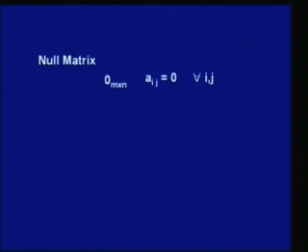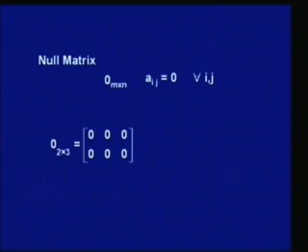The null matrix is another useful matrix, and we denote it by the symbol 0, with m by n representing its order. So, 0 m by n is a null matrix of order m by n, and it is a matrix in which Aij is 0 for all values of i and j. i takes values from 1 to m, while j takes values from 1 to n.